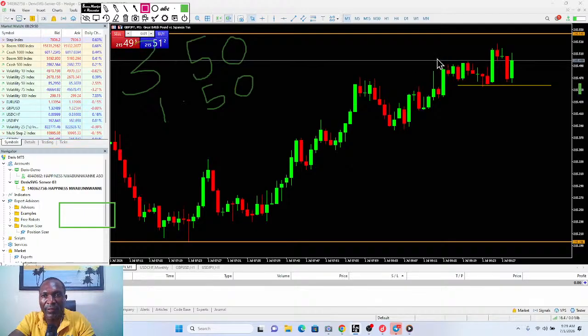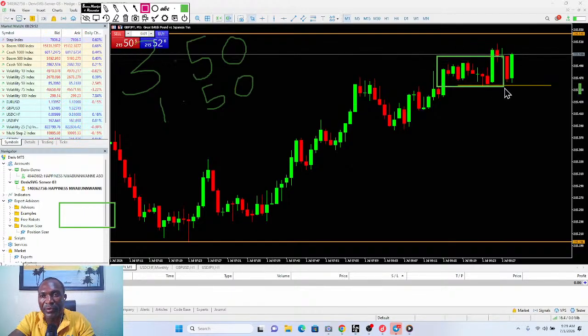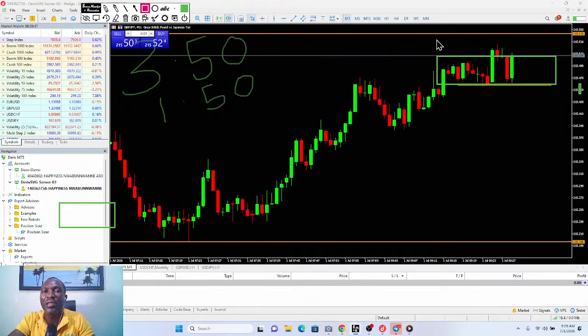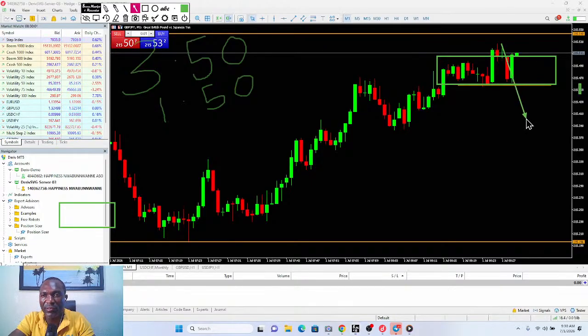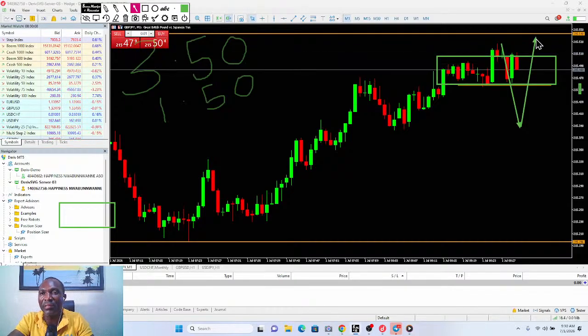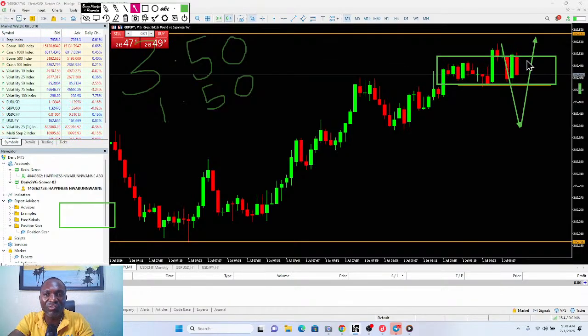At the first sign you can see it struggling. If it breaks, you wait for a pullback, and then you enter. But the market has not been able to break it, and the aggressive trader is already in this trade.